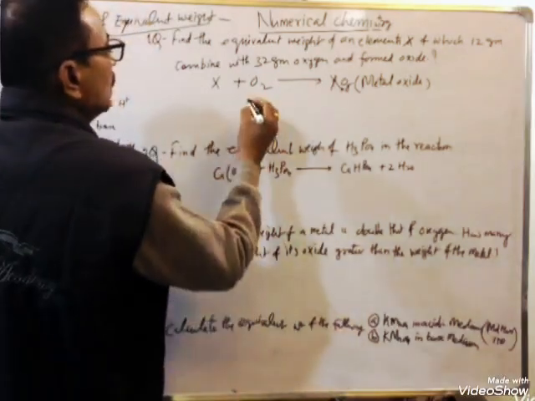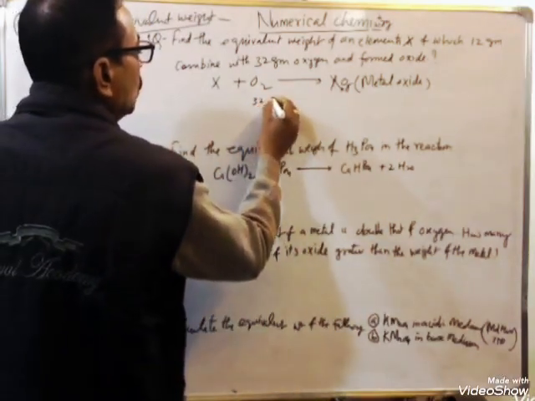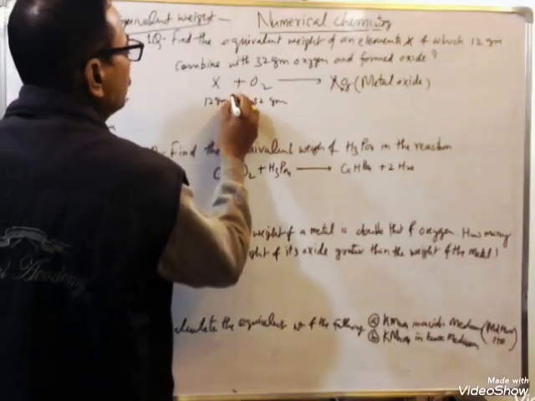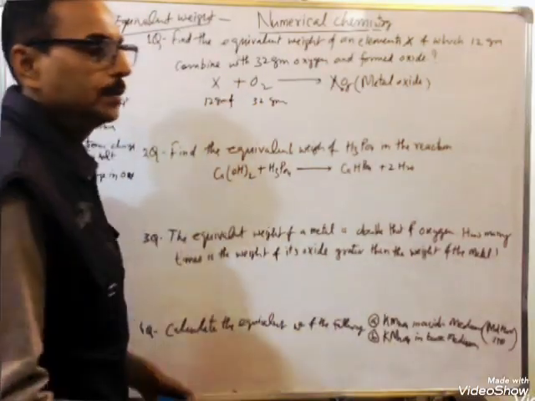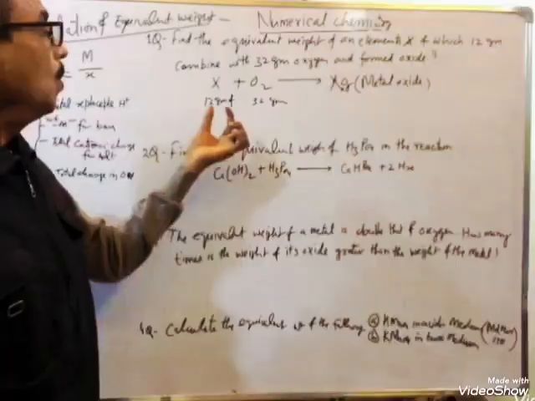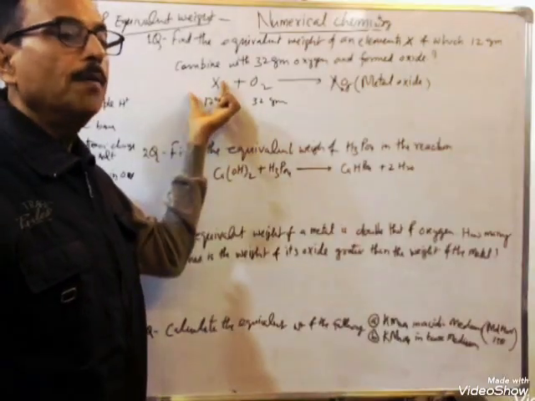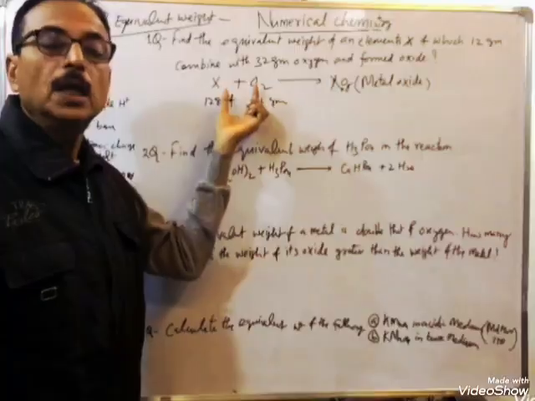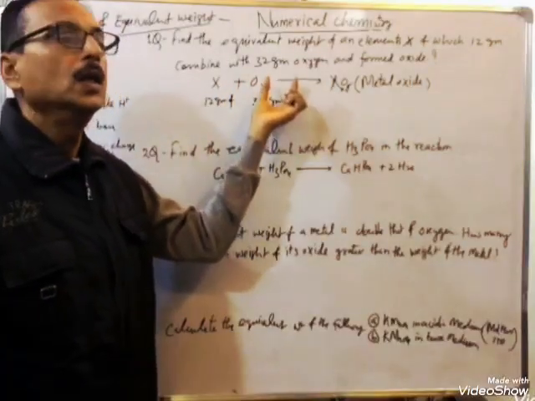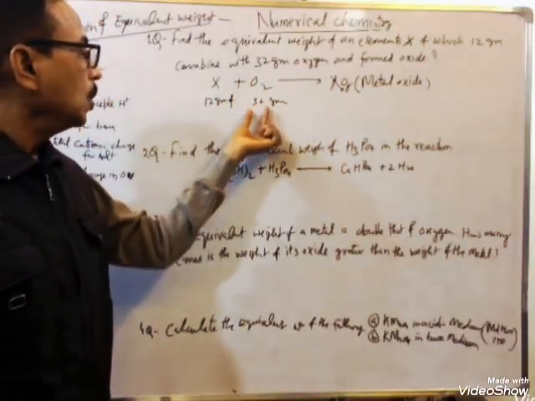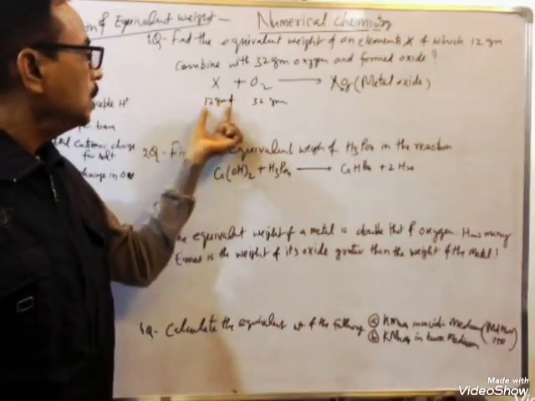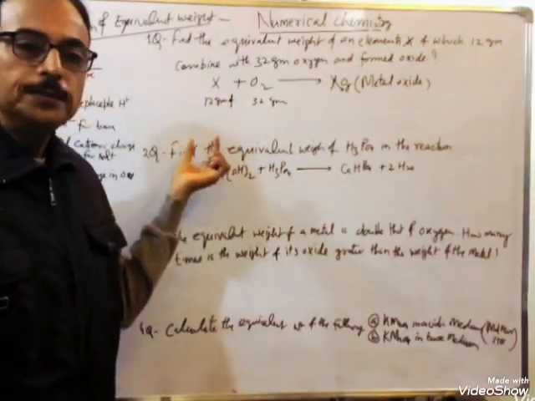It means oxygen 32 grams reacts with 12 gram of the element, and you know the equivalent weight of any metal is the weight which reacts with 8 parts of oxygen. So here 32 parts, it means equivalent weight is this divided by 32 into 8.